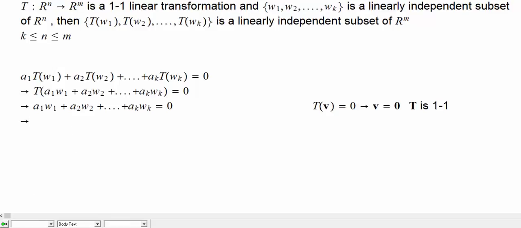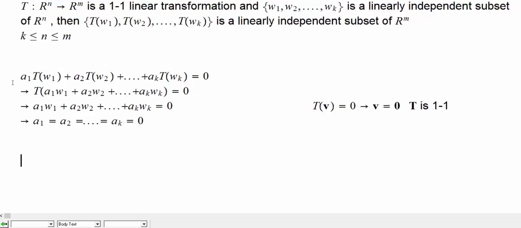So what that means is that all the coefficients, these real numbers involved, will have to be zeros. It should be not W's, these should be A's, I apologize. So all the A1, A2 up to AK will all have to be zeros.